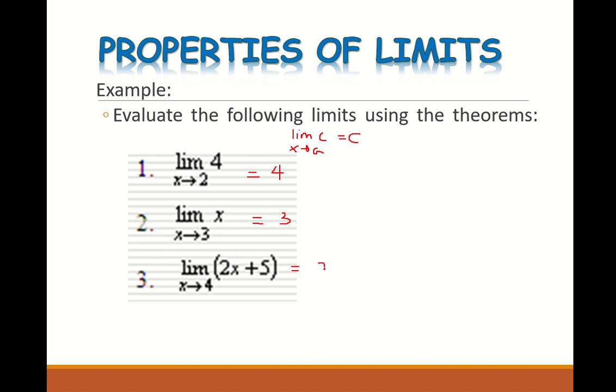So we have 2 times 4 plus 5. So 2 times 4 is equal to 8, and 8 plus 5 is equal to 13. Alright, so this is the limit.